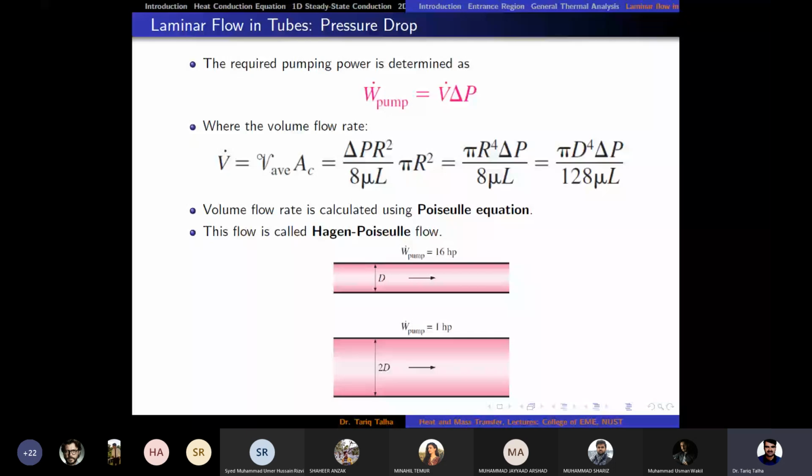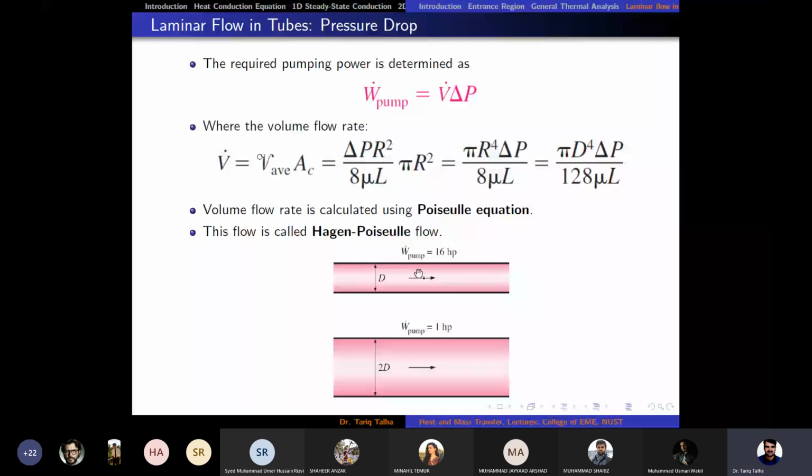I think you can readily see this: for the narrow pipe, the friction would be more and the resistance to the flow would be more, so the horsepower requirement would be 16 times more for the half diameter pipe.